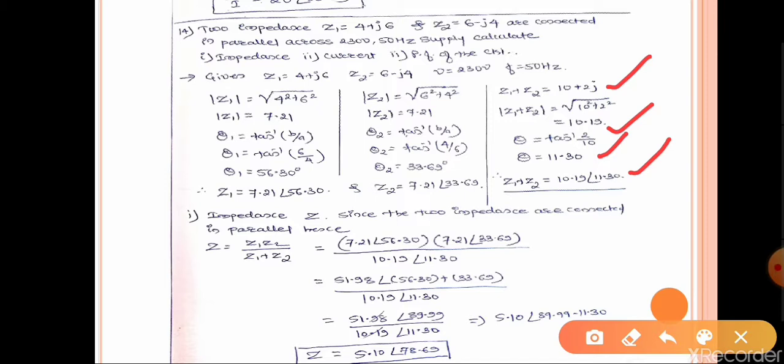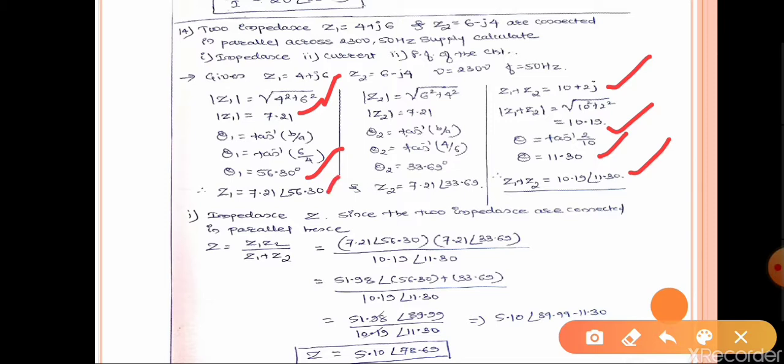So magnitude of Z1 equal to square root of 4 square plus 6 square, that is equal to 7.21. So theta 1 equal to tan inverse of B by A, tan inverse of 6 by 4. So theta 1 equal to 56.30. So Z1 equal to 7.21 at an angle 56.30.